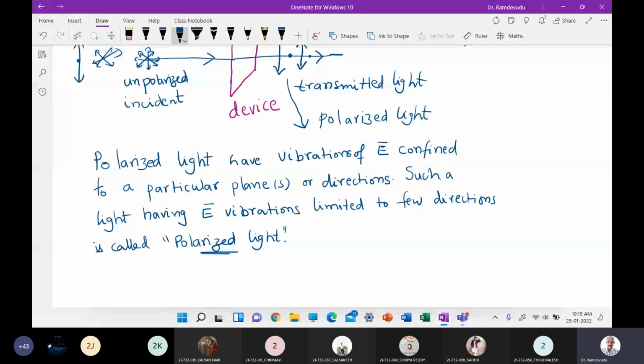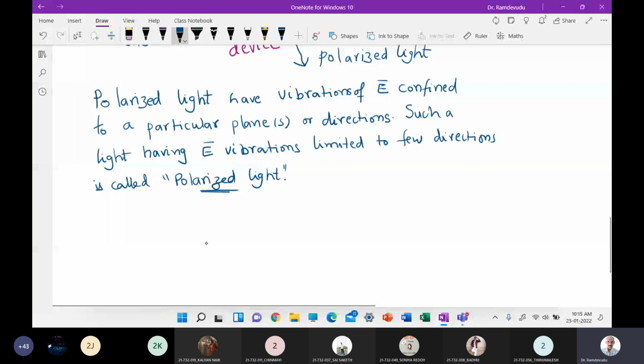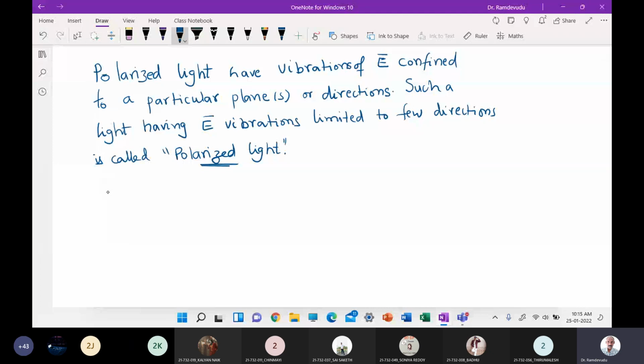The device which converts unpolarized light into polarized light is called a polarizer. Whatever device we have used, we will also see the construction and working of the device.